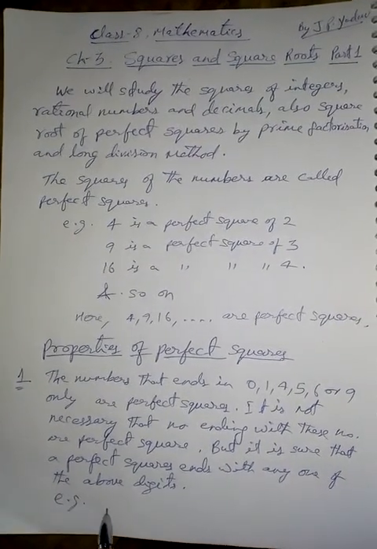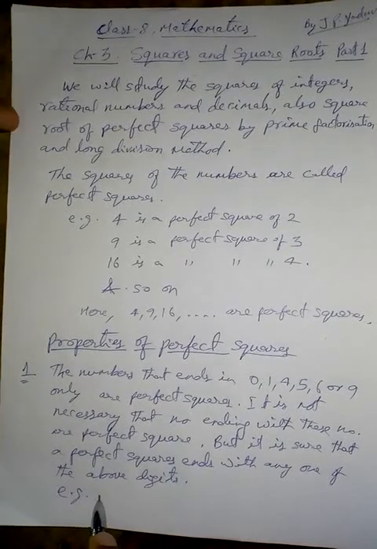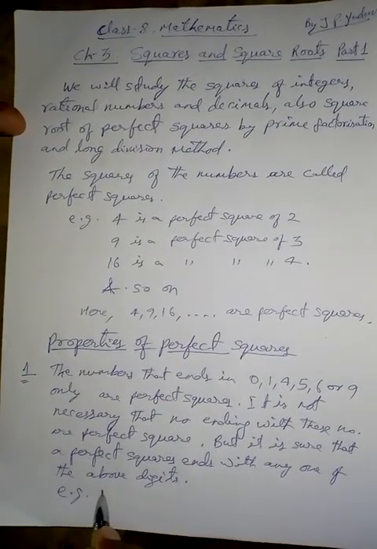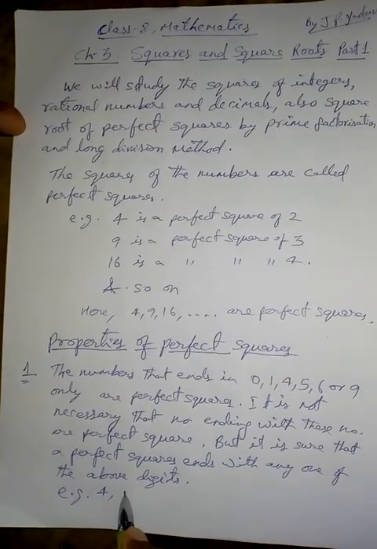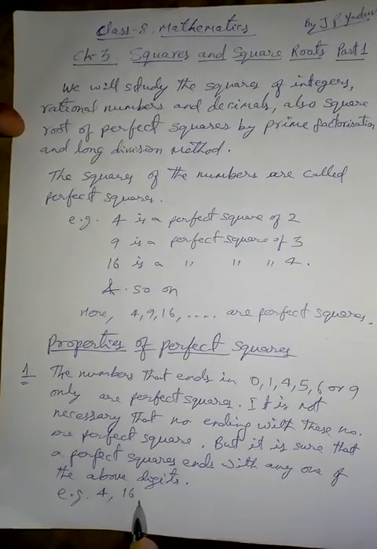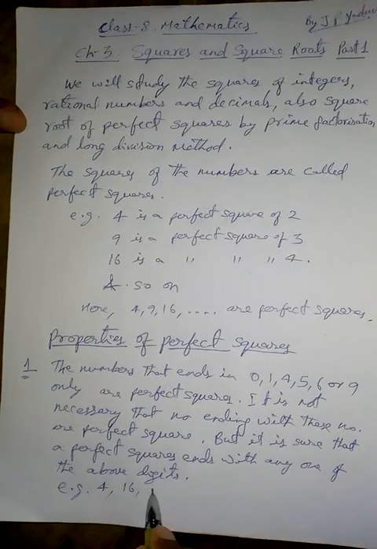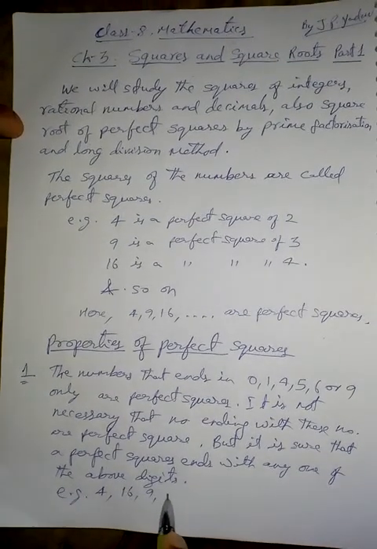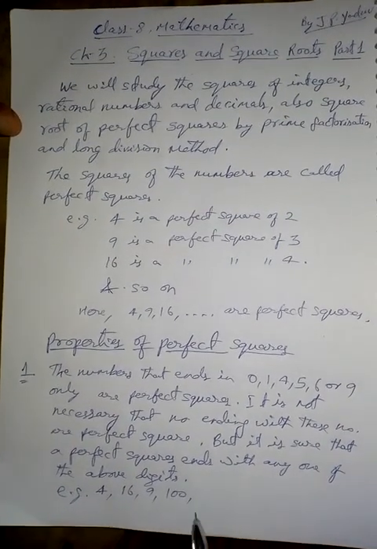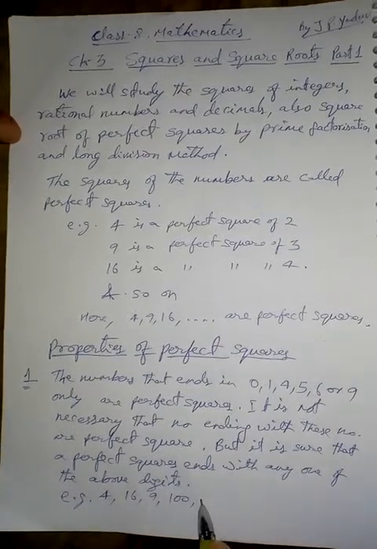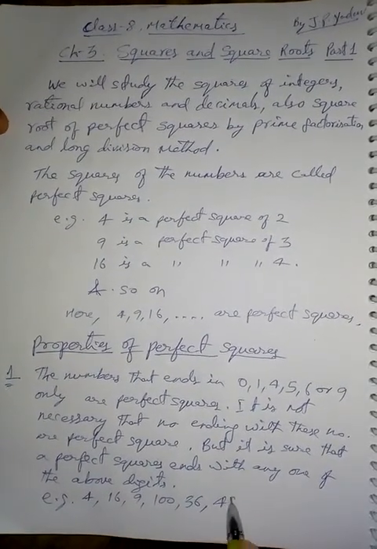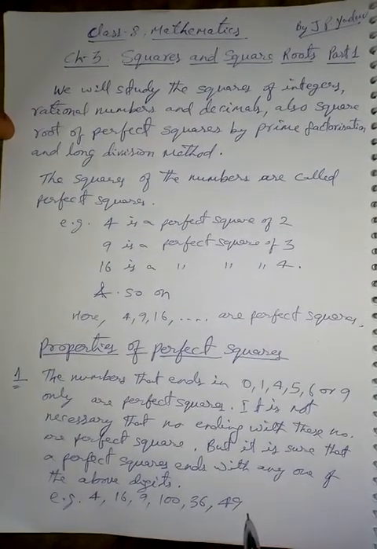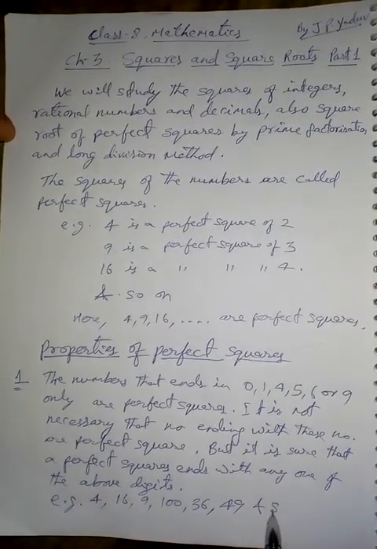Example, 4 is a perfect square. 16 is a perfect square. 9 is a perfect square. 100 is a perfect square ending with 0. 36 is a perfect square ending with 6. 49 is a perfect square ending with 9, and so on.